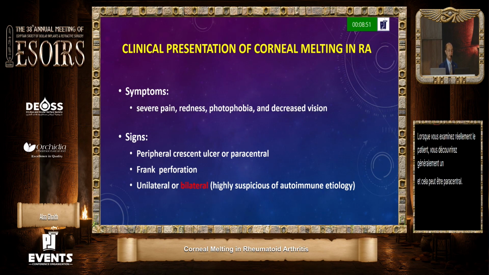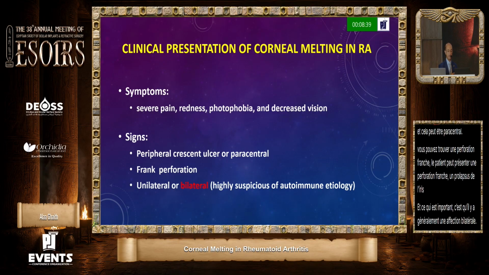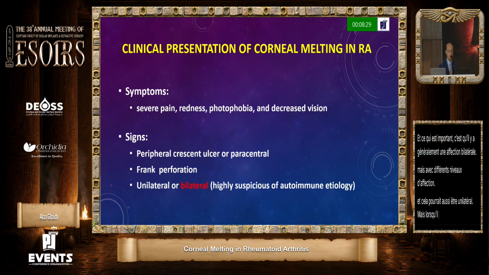The patient may present with frank perforation and iris prolapse. And the important issue is that usually there is bilateral affection, but with different levels of affection. And it could also be unilateral. But when it is bilateral, you should usually suspect an autoimmune etiology of this problem.